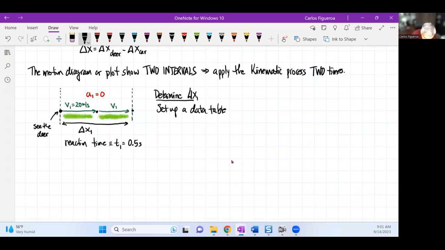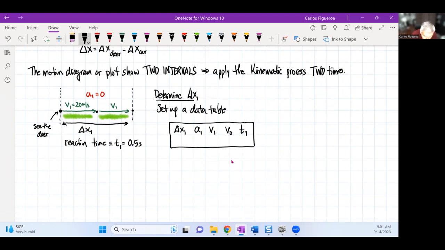If I set up a data table, that means that for this interval, I need these things here. So note, I am adjusting my values as I go along. Because this is my interval right here, I'm probably going to need more space.